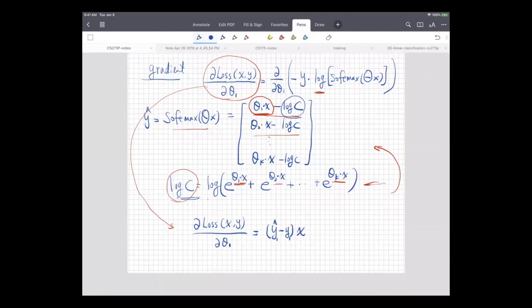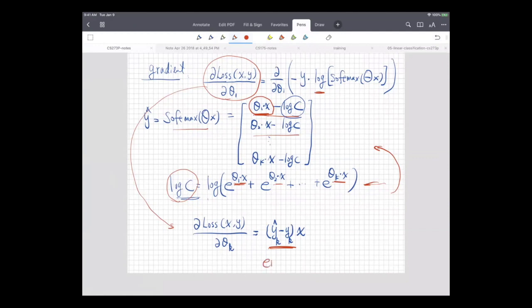Very simple. So in fact, you can generalize. So this is theta 1 here. In fact, you can generalize them to be any arbitrary index, to be say theta k here. That would be the k's predicted probability and the k's ground truth label, and times x. But now just interpret this as the residual, the error.